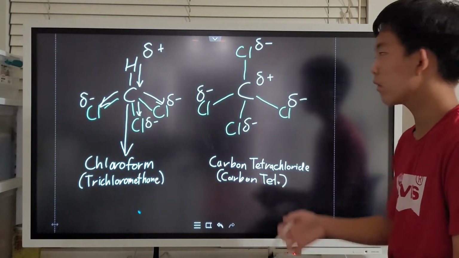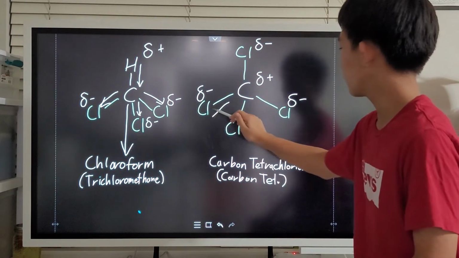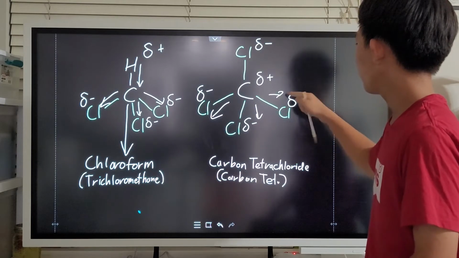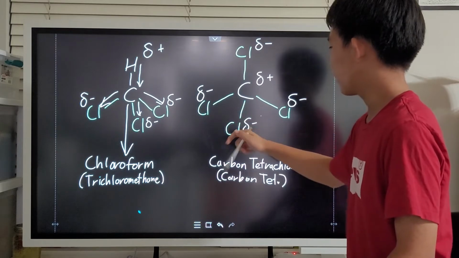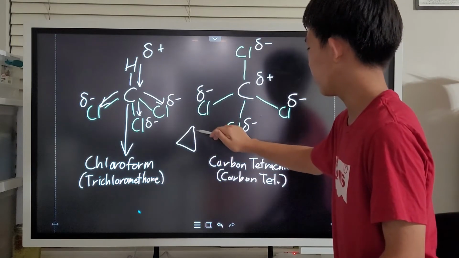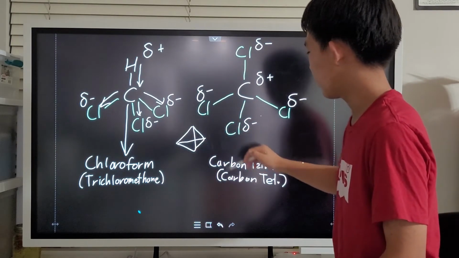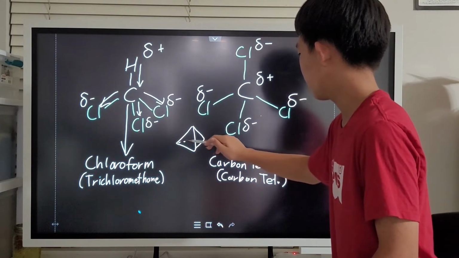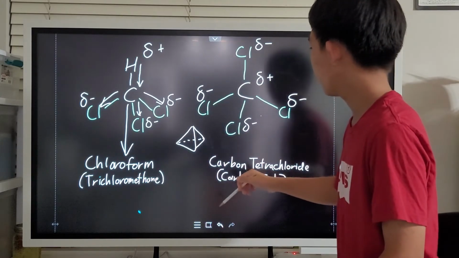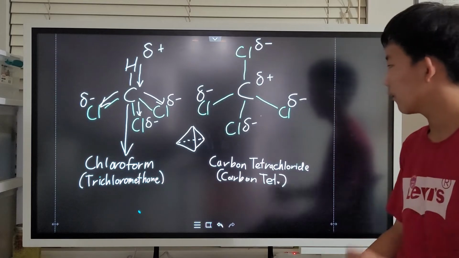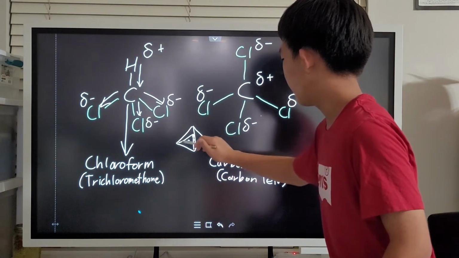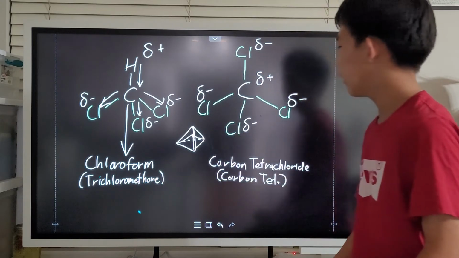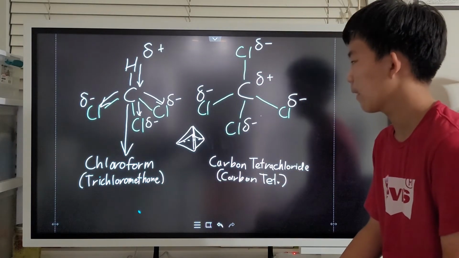But here's the thing, although it looks like it's just pointing this way and this way, if you look at it in 3D, I'm actually drawing a tetrahedron. For those of you who don't know what a tetrahedron is, it looks something like this. Let me just draw it. Kind of like that. So in the center right here is the carbon atom, and it's pointing towards all the chlorine atoms.